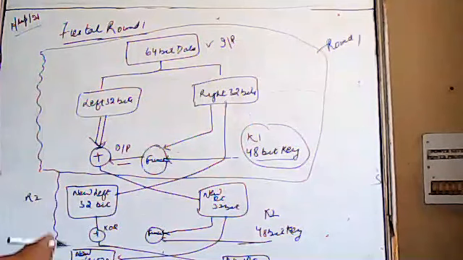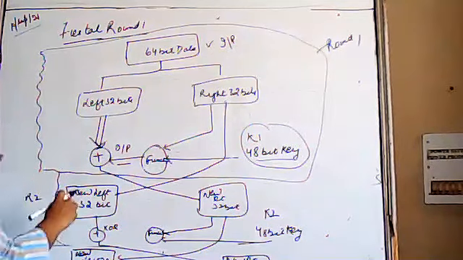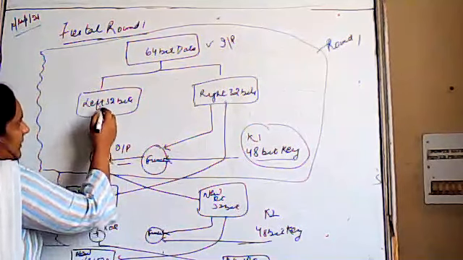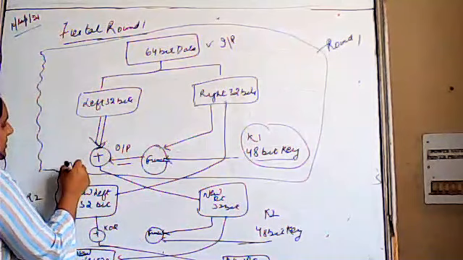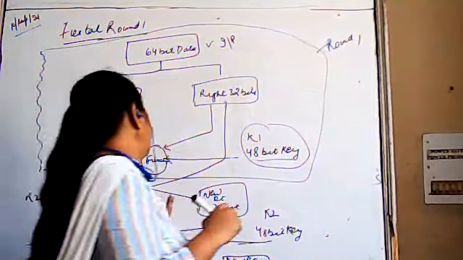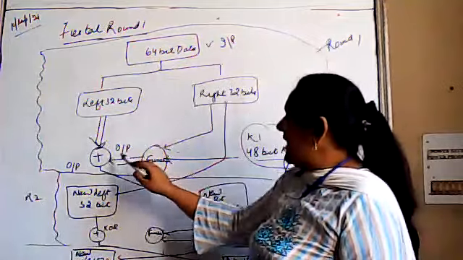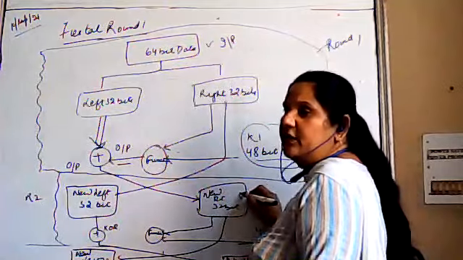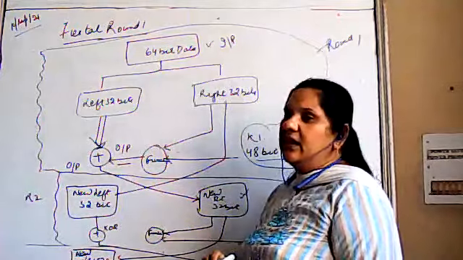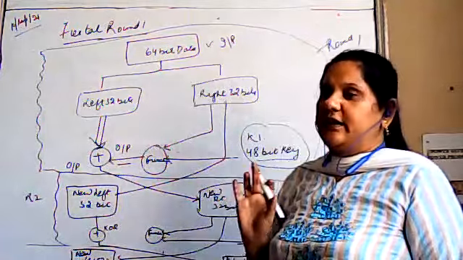And after the XORing, the output of this XORing will be the input for the new right. And these right 32 bits become the new left 32 bits directly.